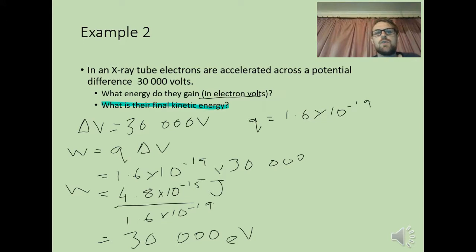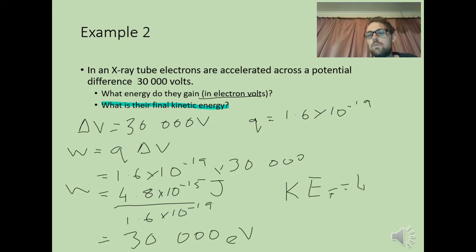Okay, so the work done measures the change in energy from the start to the finish. Okay, and in the question it says electrons are accelerated, and we presume that they're starting at 0 kinetic energy, and their exchange is 30,000 electron volts, or 4.8 by 10 to the negative 15 joules. So those are the same. So I'll just write kinetic energy final.